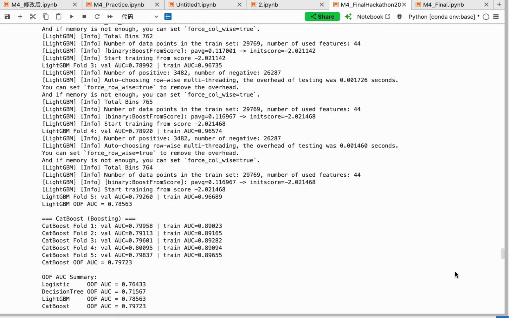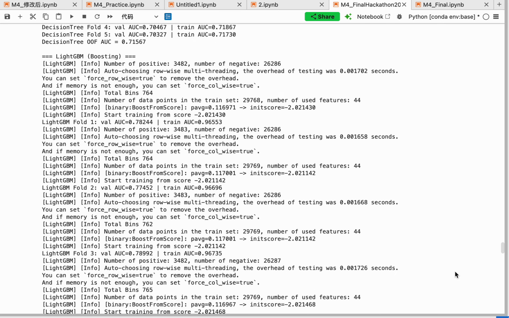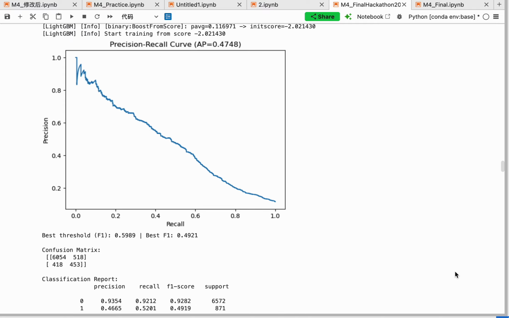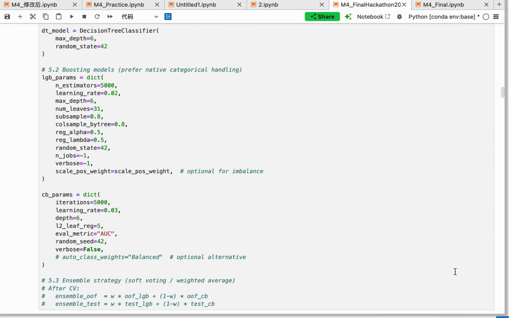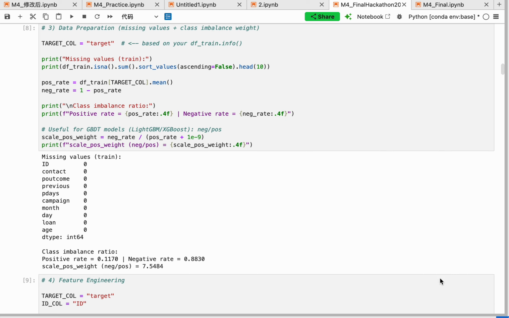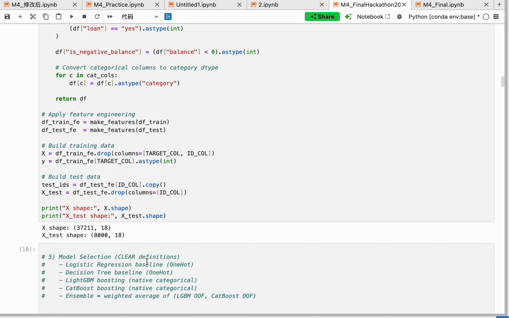To address class imbalance, since the positive rate is only 11.7%, I used stratified sampling and class weighting in the boosting models.